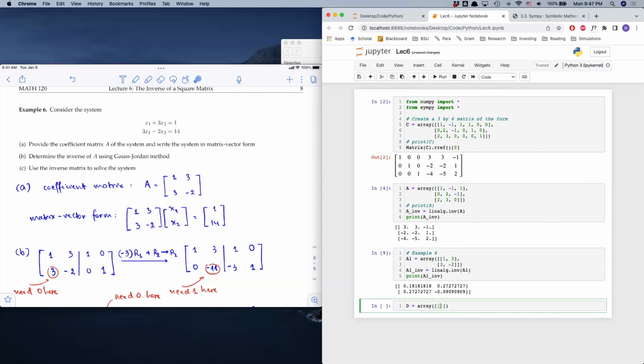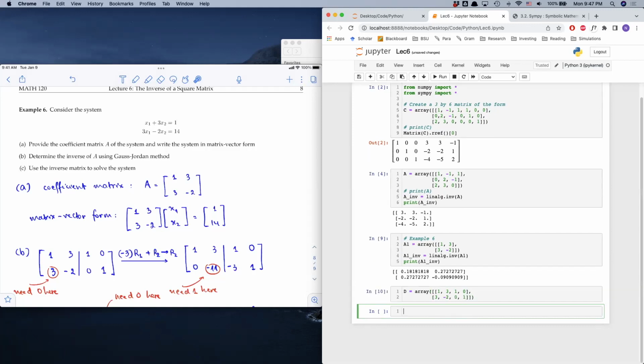So you're going to create the matrix 1, 3, 1, 0. And the second row is 3, -2, 0, 1. And we're going to do matrix D, reduce row echelon form, and just choose the first entry of the output.